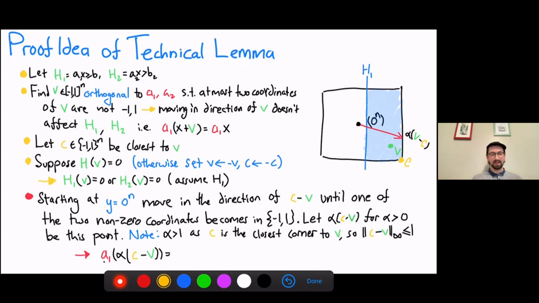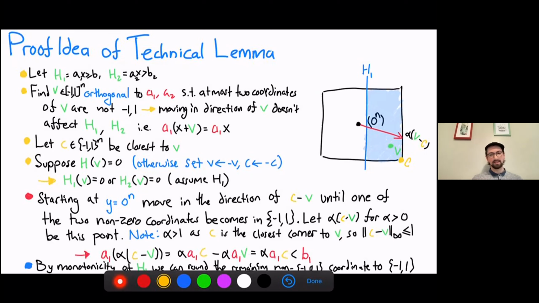We'll fix the last one in a second, but we want to verify that this point is still falsified by H1. Expanding it out, you get this. Because V and A1 are orthogonal, you get just alpha A1 C, and this is because the infinity norm is at most 1.